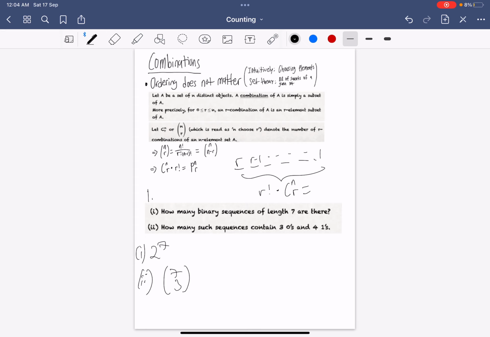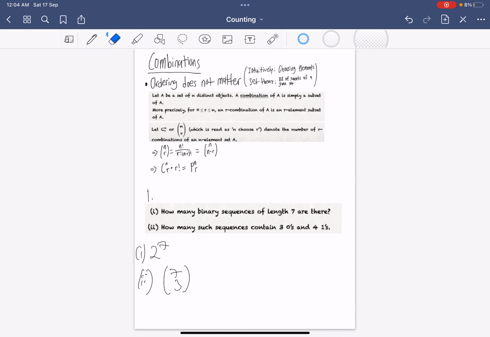It gives an r-permutation of an n element set, so r factorial times the combination is the same as the permutation symbol nPr. So that's basically it for combinations. You just choose the elements you want in your subset to meet the required number.